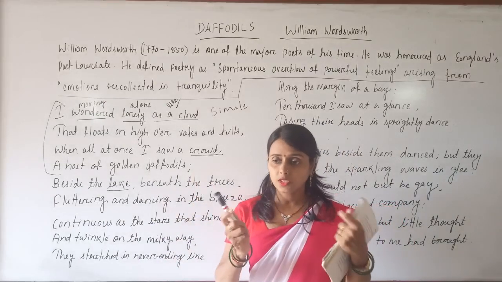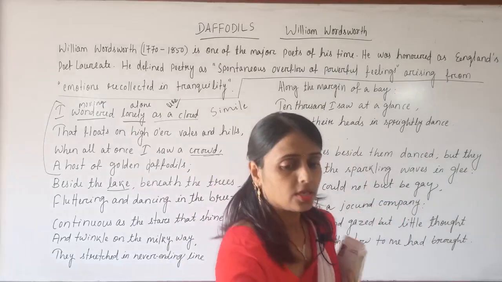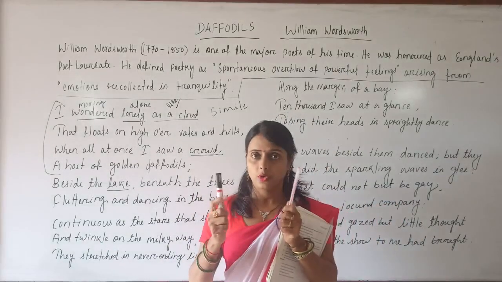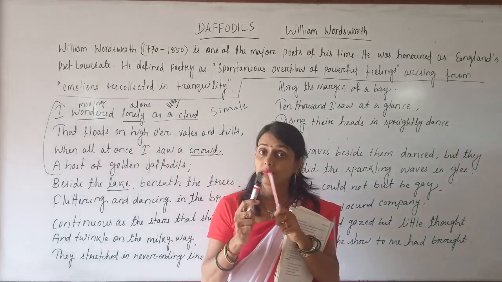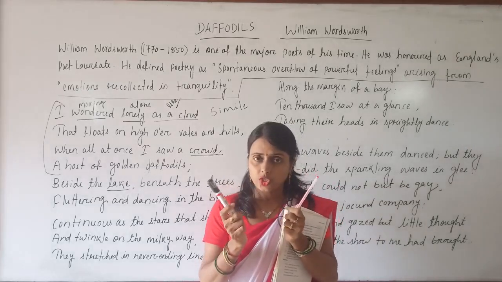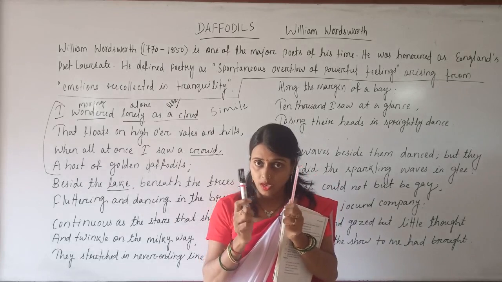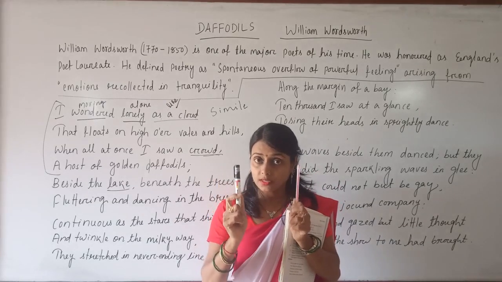Look, when the flowers were dancing like this, suppose these are 2 flowers, okay. When the flowers are moving in the breeze, breeze means wind, they can touch each other's head. The flower is being mentioned as a head here.